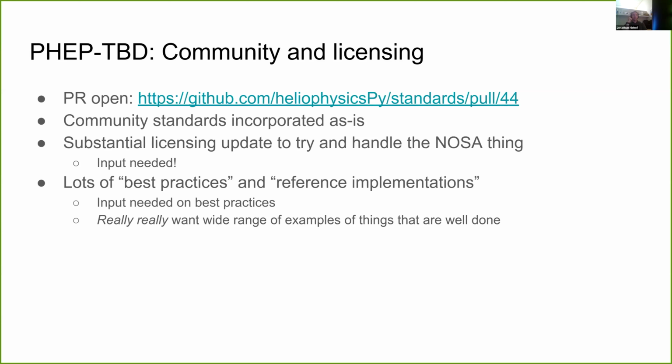We had discussed this at the fall meeting, this category of the existing standards that was talking about communities, so that's stuff like code of conduct and contributor guides and that sort of thing, and licensing, where we got really hung up on GPL and NOSA specifically, not because we were going in circles, but literally because it was a very hard problem. So the consensus at the meeting is that most of the community standards were pretty much good to go. And so those are all basically just in the FEP, copy paste, boom, this is what they are.